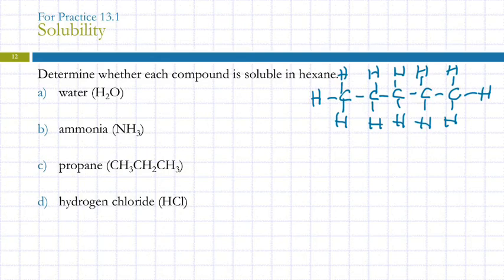Okay, so here we've got dispersion forces. And now what we need to do is look at each of these different substances and identify what sort of intermolecular forces they have. So generally, we need to look at what's the strongest intermolecular force that it has.